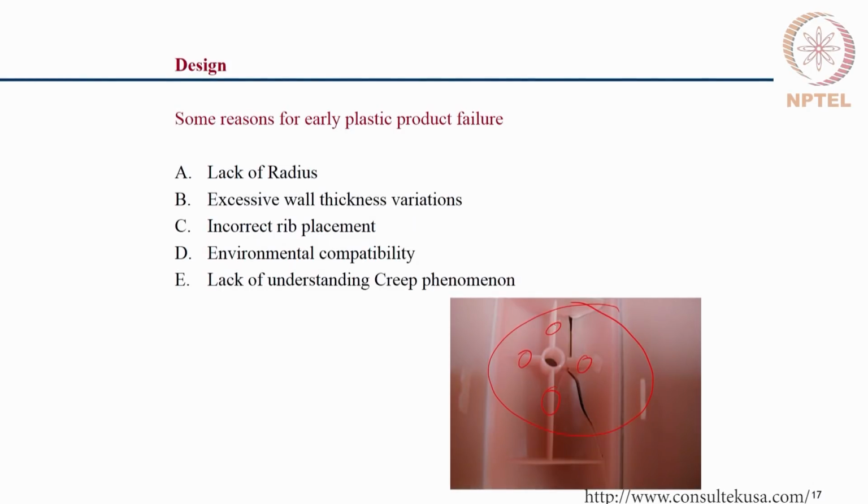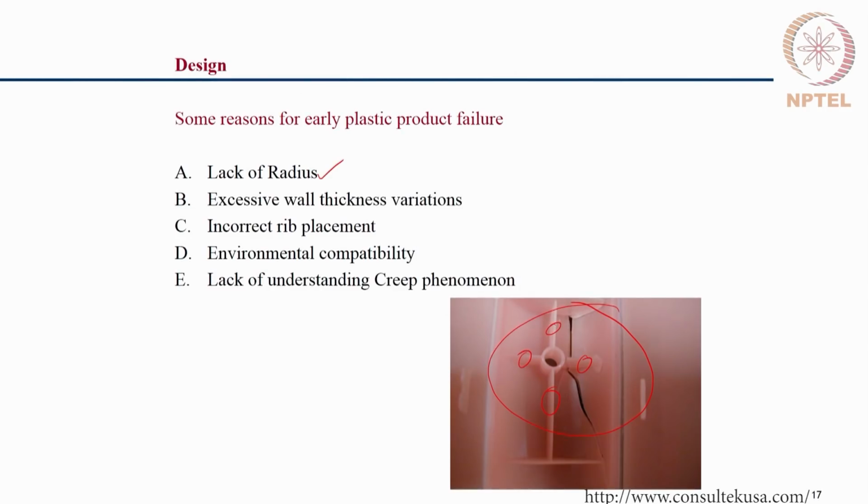Some of the reasons for such failure could be that there is not sufficient radius of the mold surface in the corners, which could cause stresses to build up, what we call stress concentration, because of lack of radius.